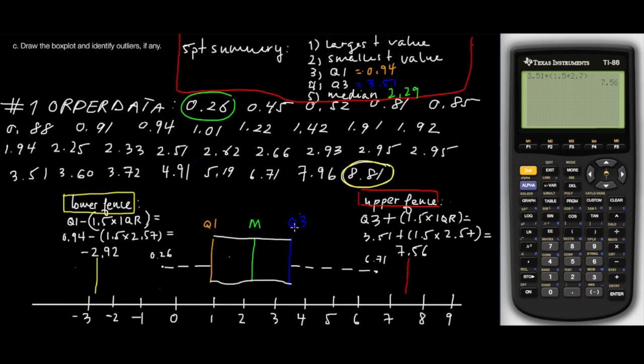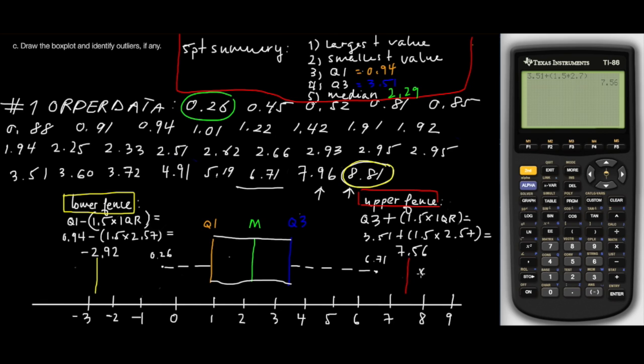Now, they ask us to identify any outliers. How do we do that? We know that on the upper side, the fence is at 7.56, and the last point before we hit the fence is right here at 6.71. So what do we do with these last two values, the 7.96 and the 8.81? Well, quite simply, they are outliers.